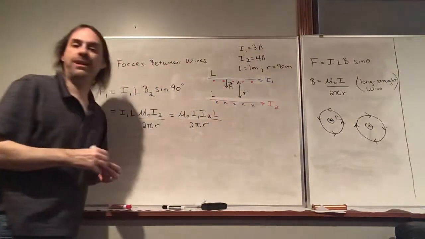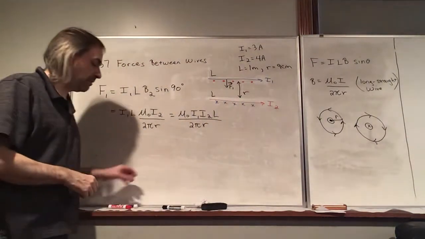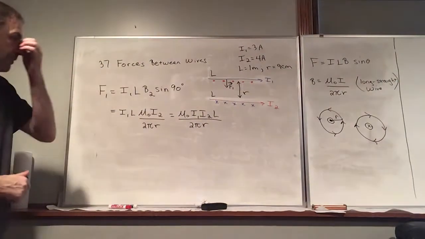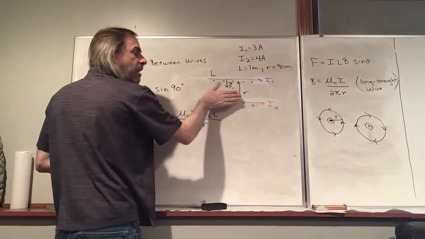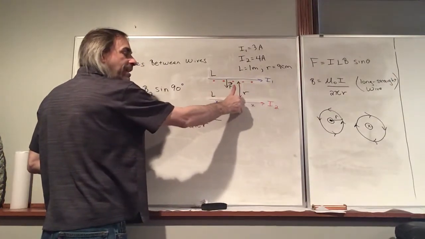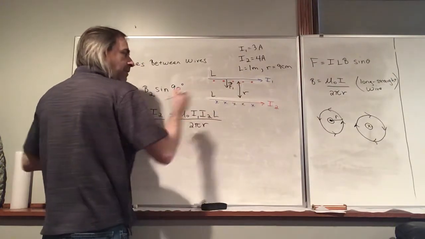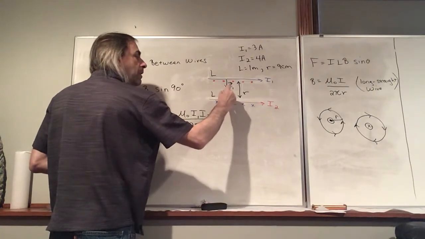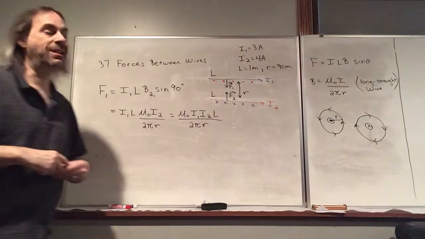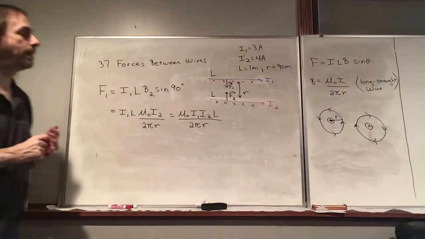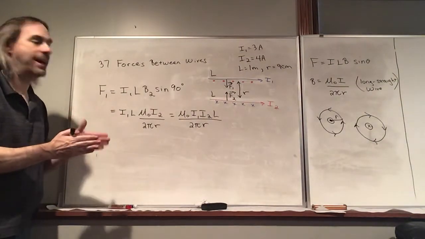And so using the second right-hand rule, consider a conventional current. You put your fingers in the direction of the current and curl towards the magnetic field. Thumb points in the direction of the force. So this would be F2. And we can see that that is consistent with Newton's third law. So these wires are attracted to each other.